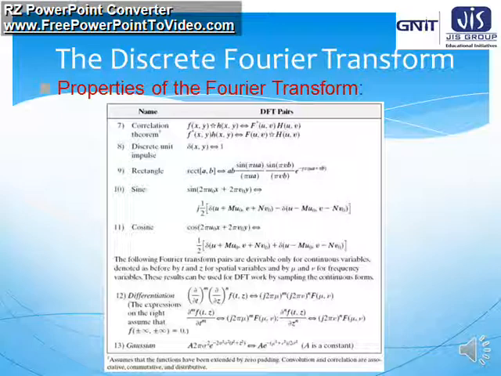These examples have also been given here. Here we should assume that the functions have been extended by zero padding. Convolution and correlation are associative, commutative and distributive.